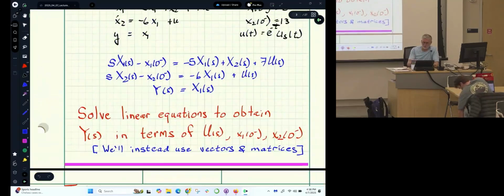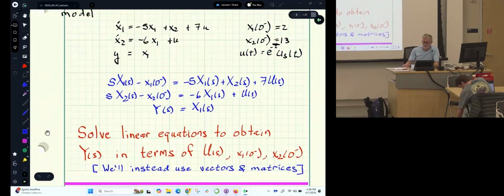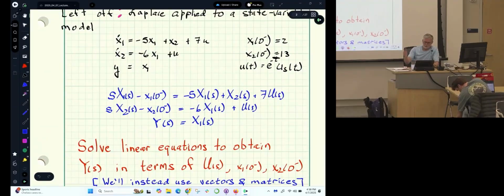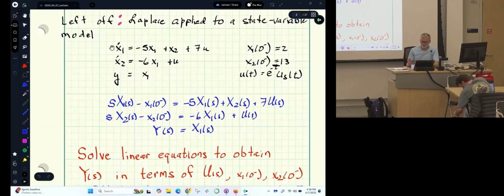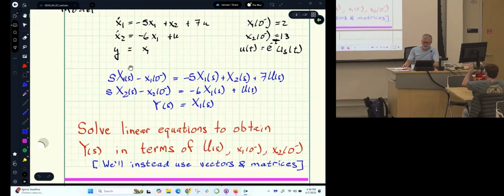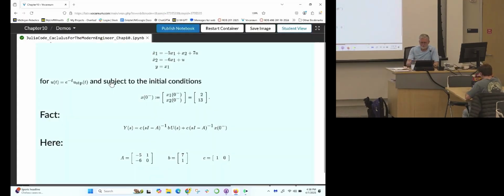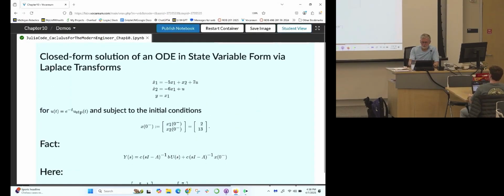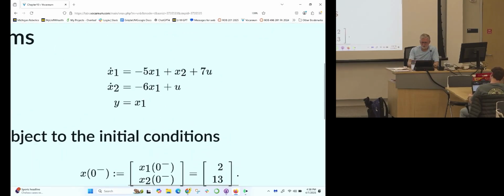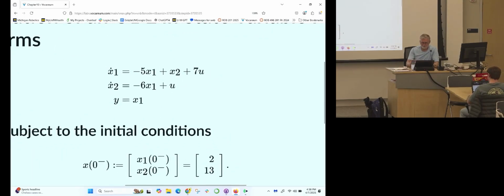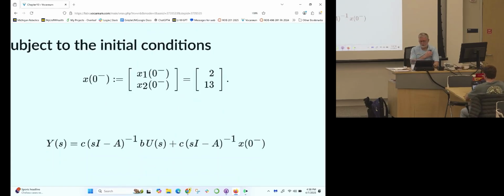So that's what we're going to do. But we're not going to do it in this grungy, pre-linear algebra way of writing down linear equations. So here's that same set of differential equations we had right there. There's the initial conditions.